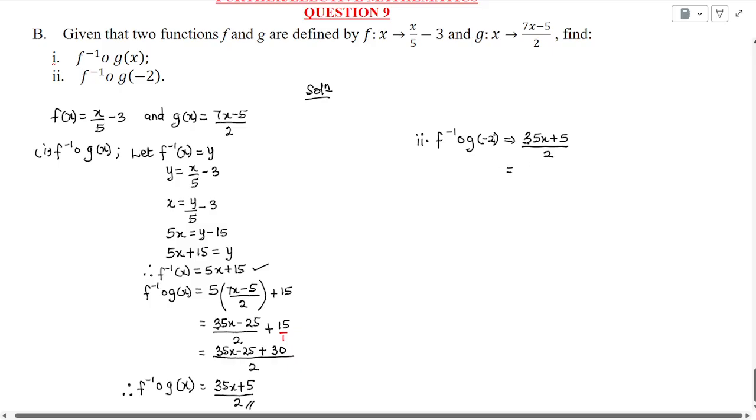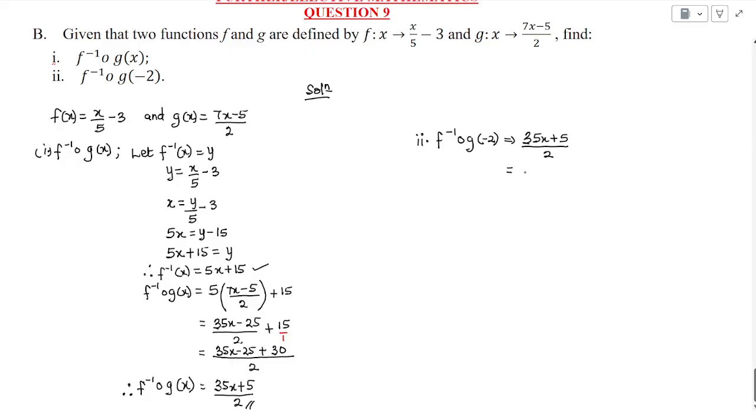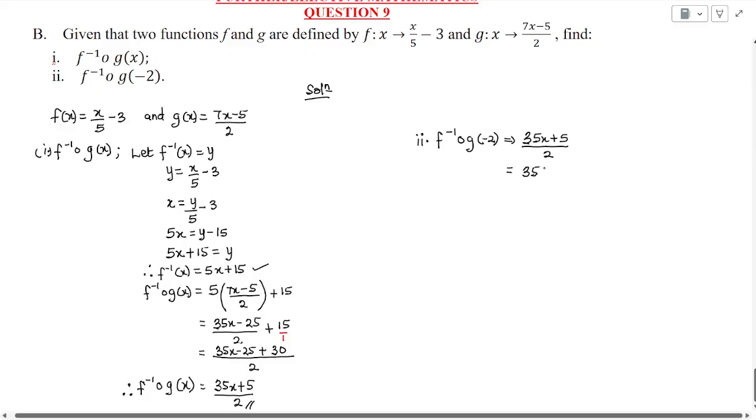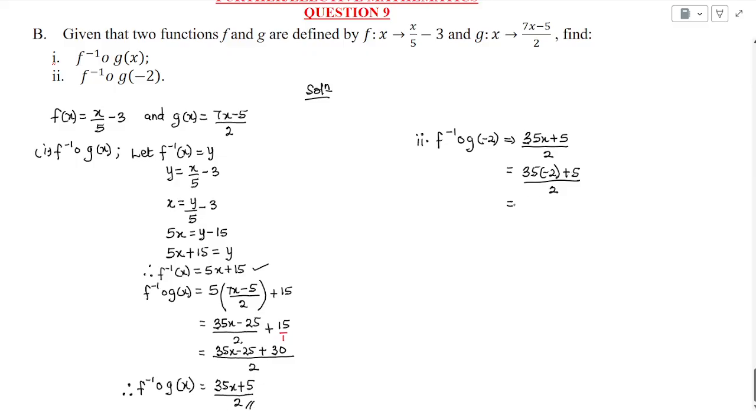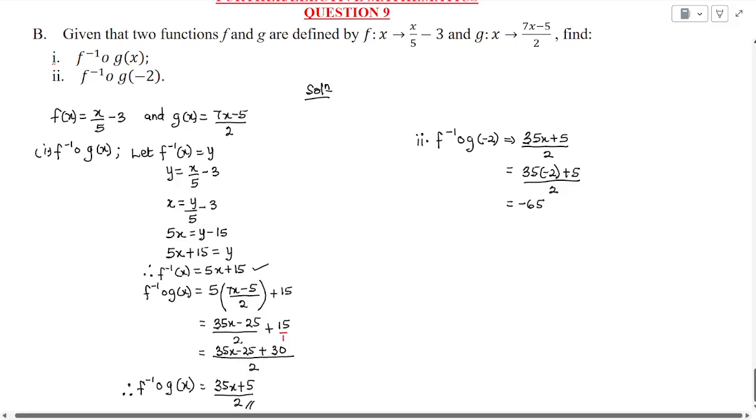So substituting x with negative 2, or replacing x with negative 2, gives us 35 times negative 2 plus 5, all divided by 2. All right. So simplifying this gives us negative 70 plus 5, which is negative 65, divided by 2. This becomes the answer for f inverse of g of negative 2 as the second question, or BII.